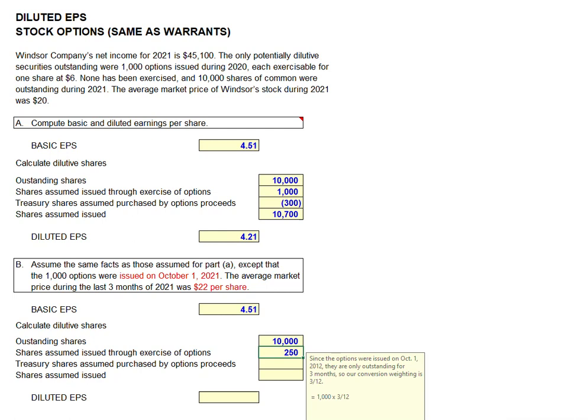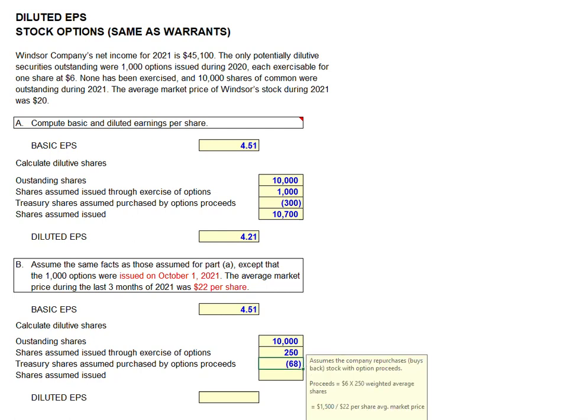So the shares that we assume that we repurchase via treasury transactions will be the 250 shares outstanding multiplied by the weighted average share price in the last 3 months of the year. So we'll assume that we repurchase 68 shares of stock, giving us an adjusted weighted average shares outstanding of 10,182 shares.